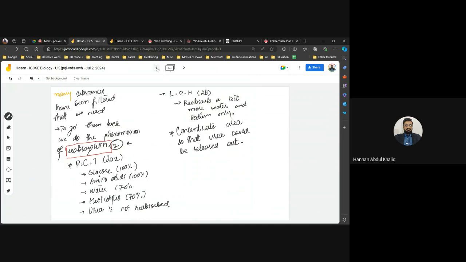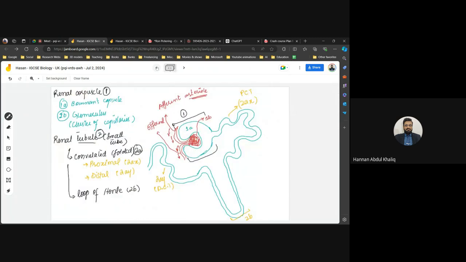Now, I have missed one thing over here that I will tell you now. The last part of the nephron that is not related to only one nephron is the one I'm drawing.